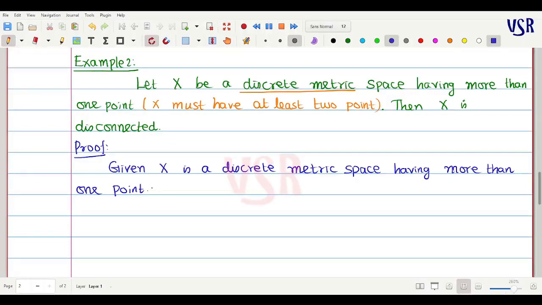ஓகே நான் இப்போ என்ன பண்றேன் அப்படின்னா choose a அப்படின்னு ஒரு element எடுக்கிறேன். எதுல எடுத்துக்கிறேன்? capital X-ல எடுத்துக்கிறேன்.